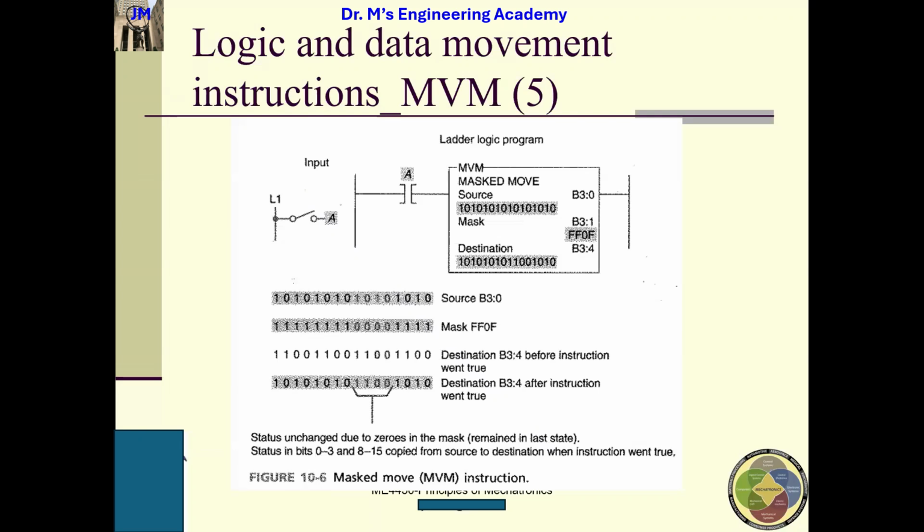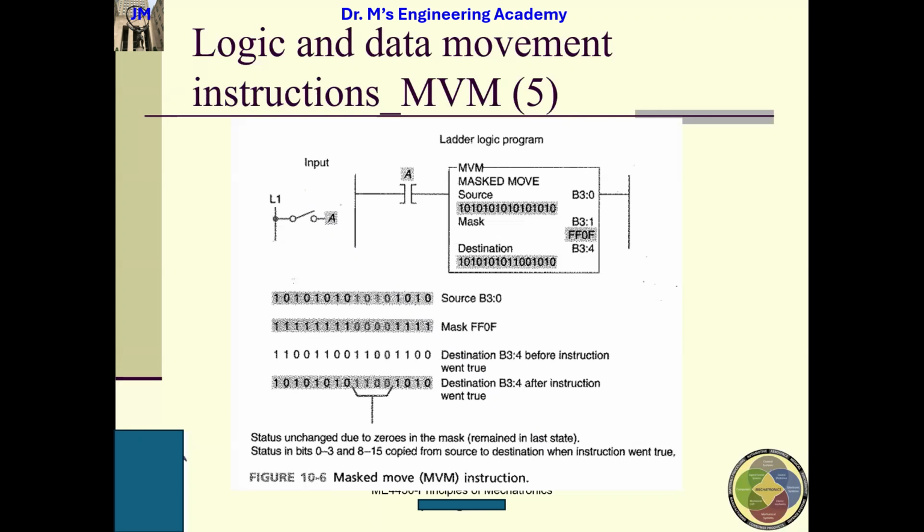So only these 8 bits and these 4 bits of this source will be moved from here to here, and overwrite this one. This is the original value. Questions so far? You can see this is the original value of my destination, and you can see what has been changed.